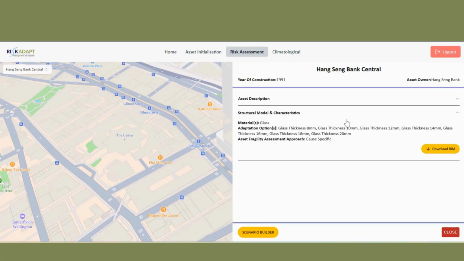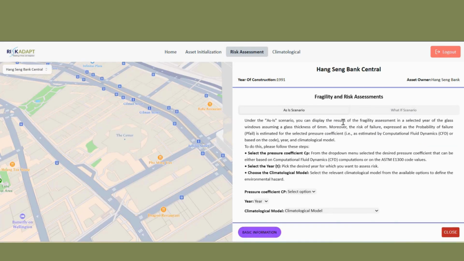And for the scenario builder, here we have two different groups of scenario. The asset scenario, which is how is the asset since its construction up to the year of interest. For glass, we didn't have any material degradation models, so we did not consider the material degradation due to climate.